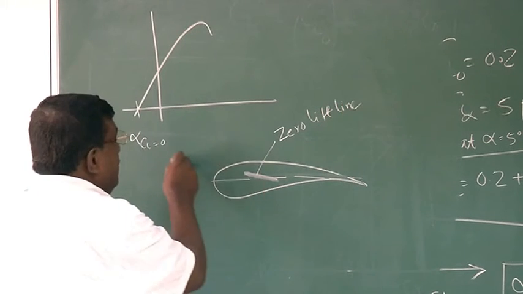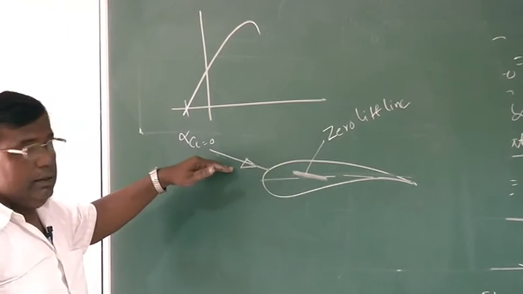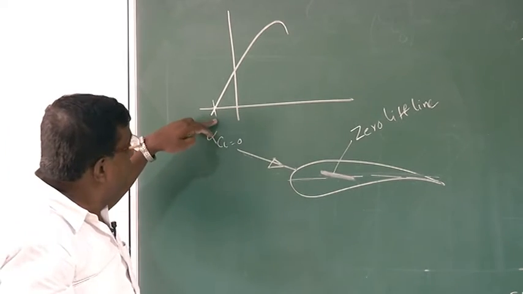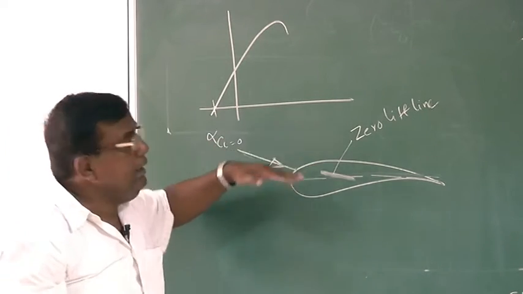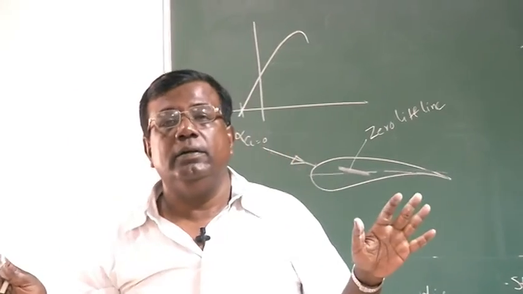That means if the flow comes like this, that is at a negative angle of attack, corresponding to this alpha, then there won't be any CL generated by the cambered aerofoil.